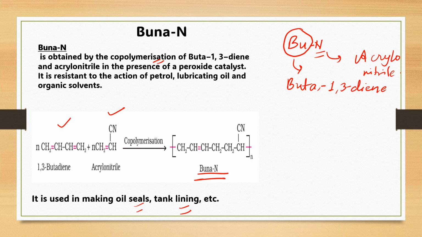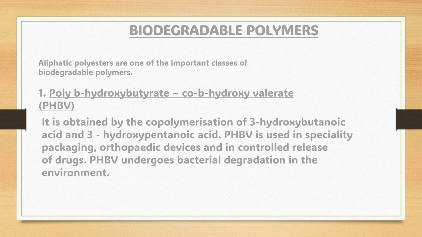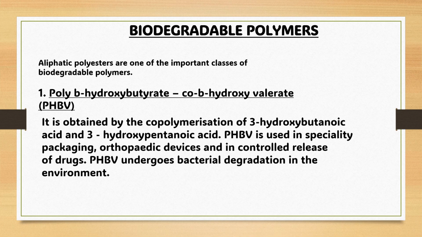Next, we have to discuss the biodegradable polymers. In biodegradable polymers, we have to study two polymers. First is PHBV and second is nylon 2, nylon 6. So what are biodegradable polymers? If polymers are not degraded by the action of the environment, it is responsible for accumulation of polymeric solid waste materials.